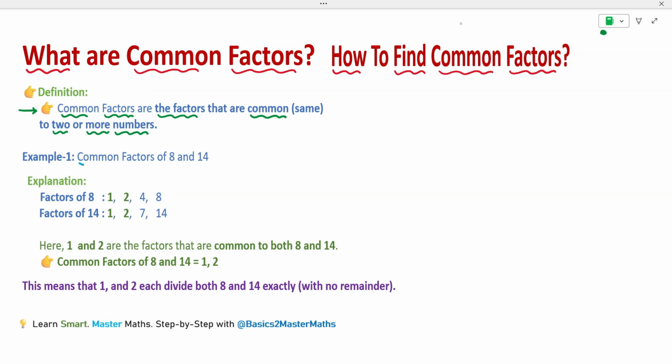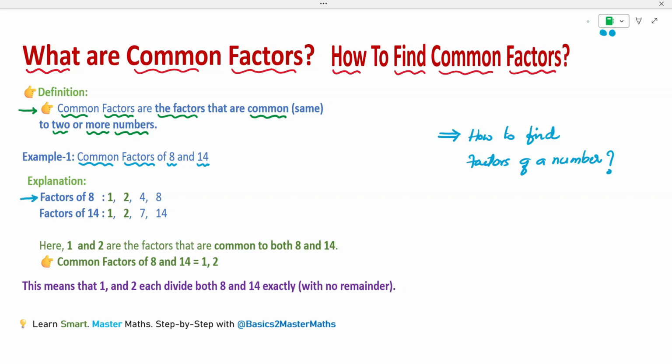Example: common factors of 8 and 14. We already know how to find factors of a number.